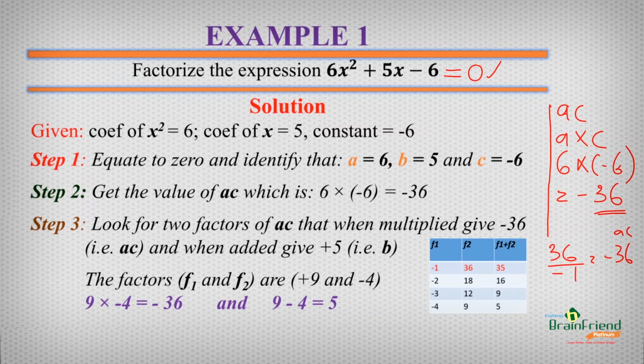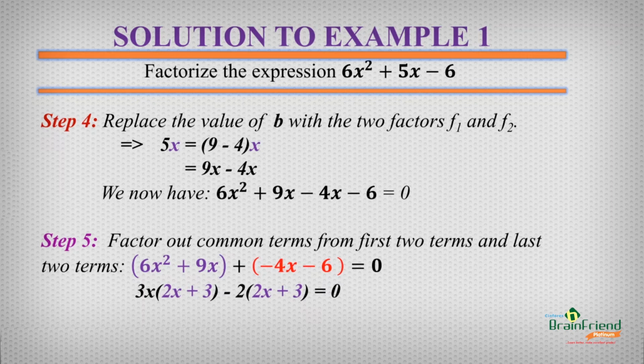Also, if you look down here, you see that 9 times -4 will still give me -36, and that is AC. We are still correct here. And when we add them, we would have that 9 plus -4 would give us 5. It means we now have our B.